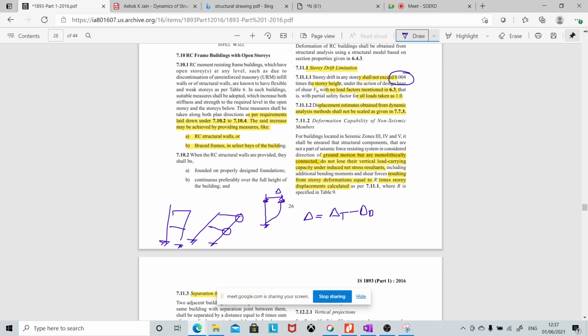That means they are dividing the story drift by the story height. Whatever the story height is, you divide this value by it, and it should not exceed the limit. That is story drift. Other things you can simply read and understand on your own.